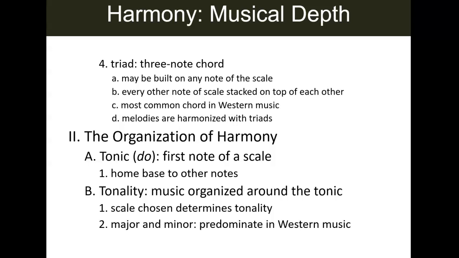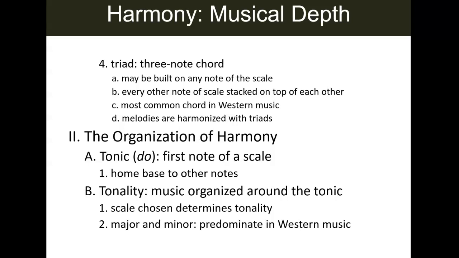A couple other keywords to understand: tonic. The tonic note of a scale is the first note of the scale, or as we refer to it in the solfege scale, do. It's home base. It's home ground to all the other notes. Every other note relates to do. Tonality is the music that is organized around the tonic. So if the tonic is home base, all the other notes have a certain relationship to it.